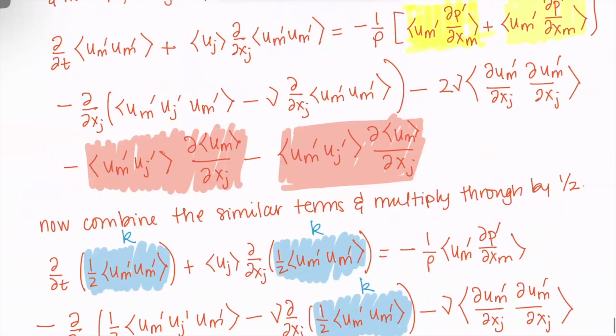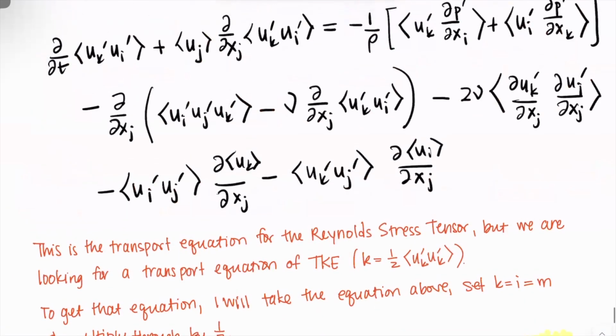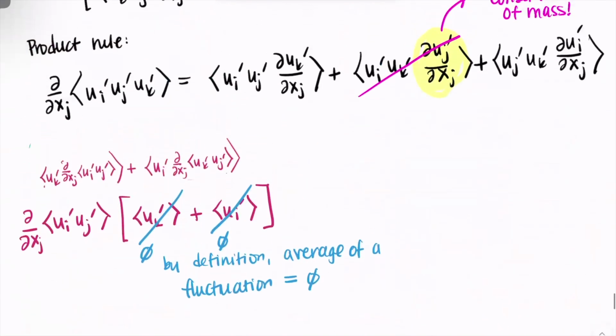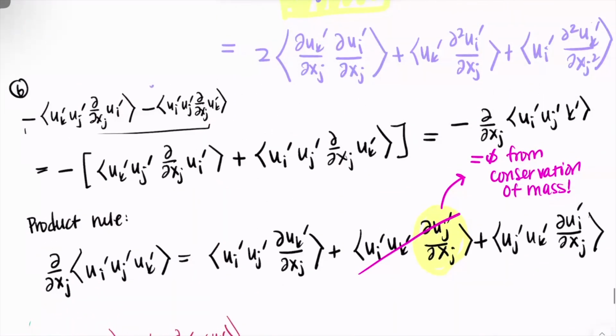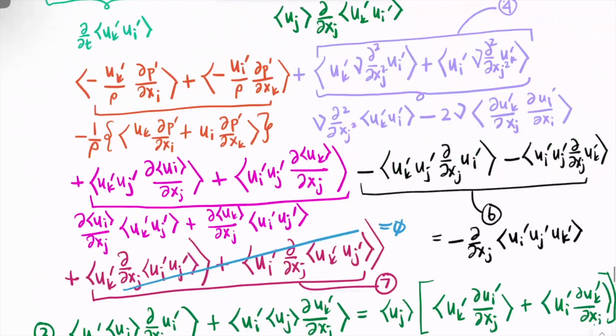Hang on a second. I did make a mistake. This is supposed to be a Laplacian. I knew there was something wrong with that term. Let me work myself backwards and figure out what happened here. Ah, yes.